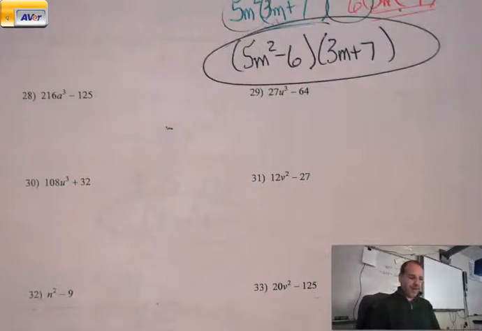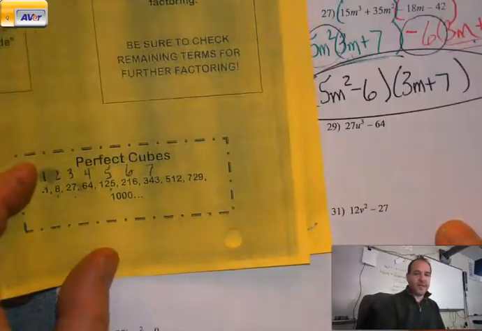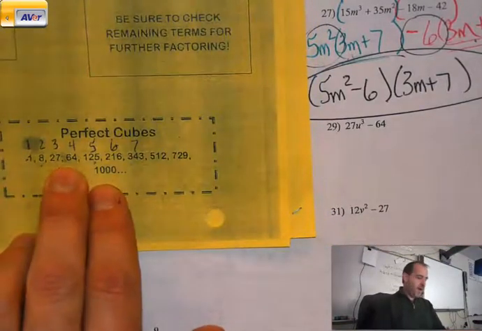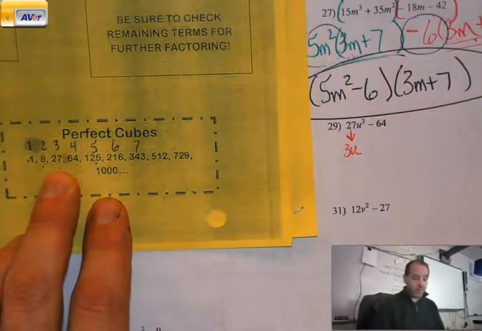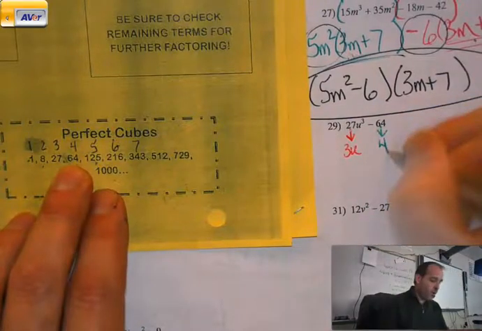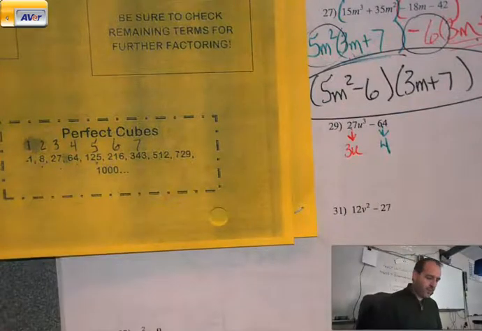So then I go looking, and I notice that 3 there for a cube, and I pull out my handy-dandy help sheet, and I go, hey, wait a minute, 27 and 64 are on here. So 27 would be 3u, because there's a variable there, and 64 would be 4. If you haven't put your cube numbers above there, do that. Okay, have that extra help there.